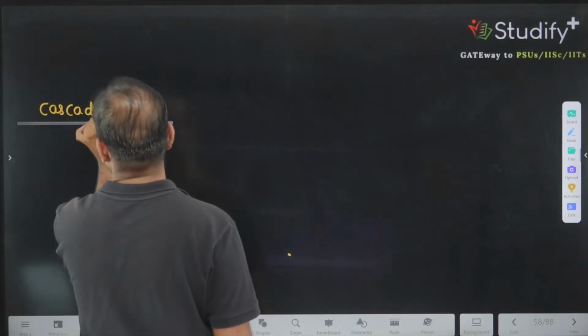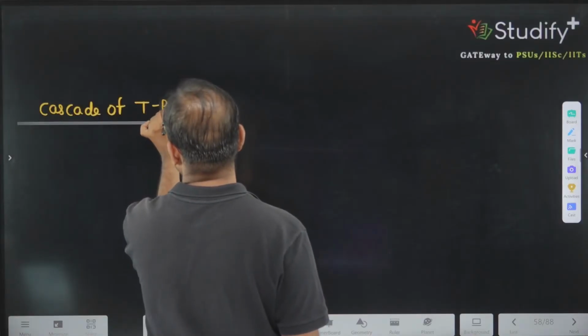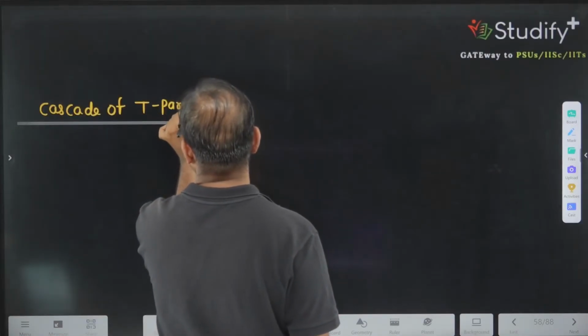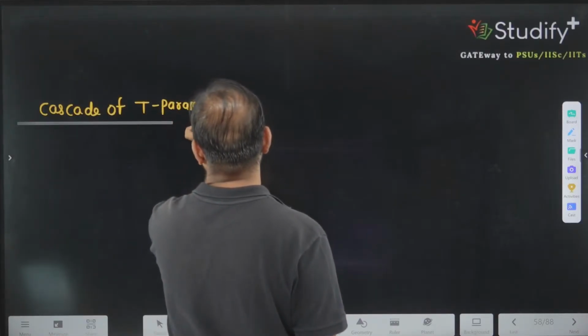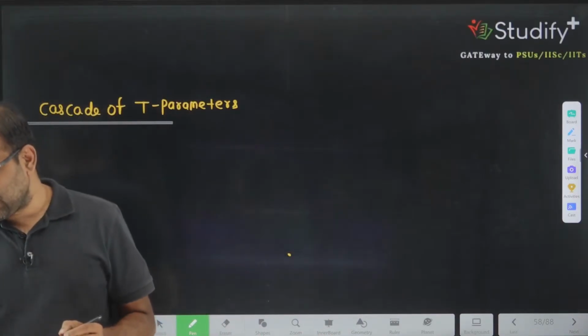Cascade of T parameters. The idea is cascading of ABCD parameters.